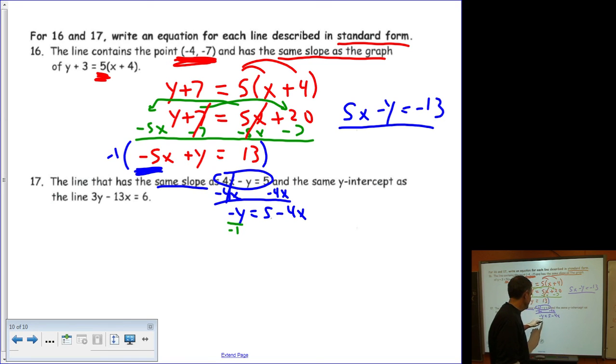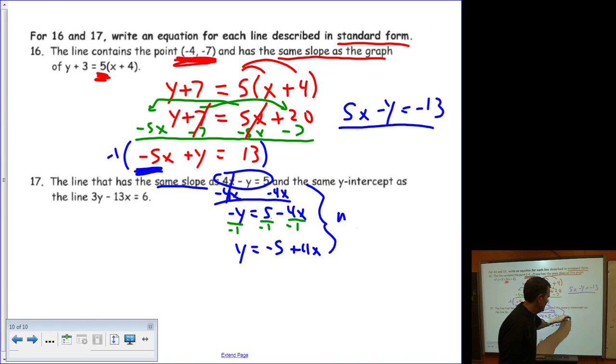And then I'm going to divide by negative 1 and get y equals negative 5 plus 4x. This line has a slope of 4. So my line that I'm trying to write an equation for needs to have the same slope, 4.